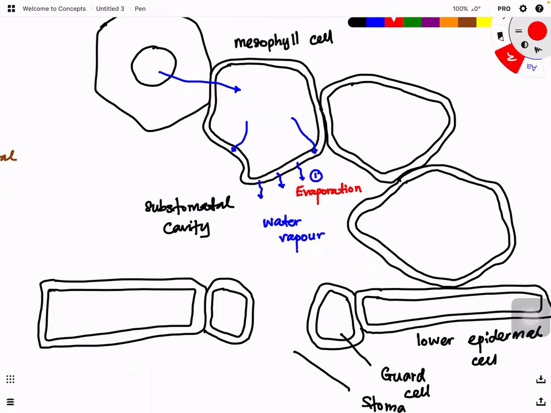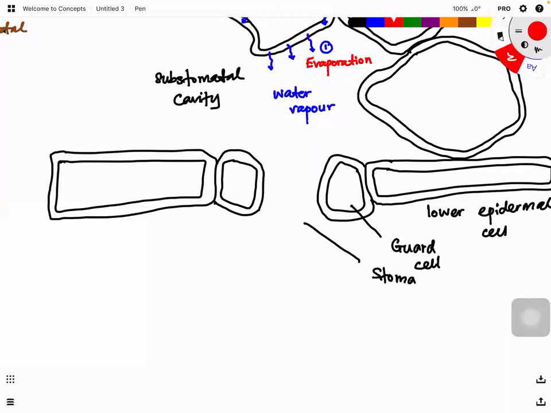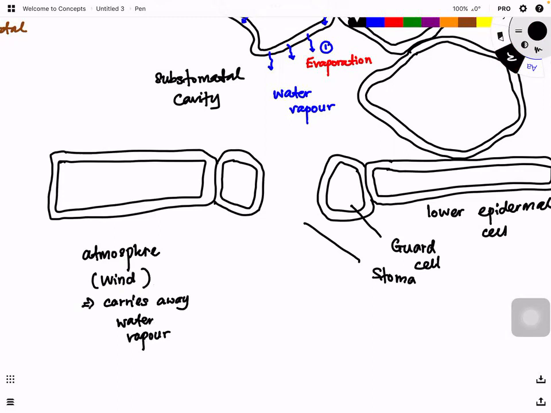Okay, now next. If you compare to the atmosphere, in the atmosphere we constantly have the wind. Correct or not? So the wind will carry away the water vapor. So that means the amount of water vapor in the atmosphere will be lower.